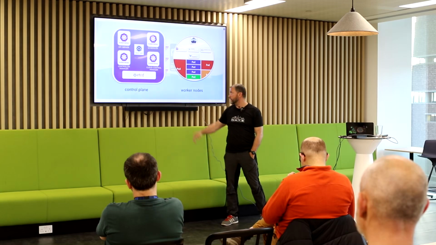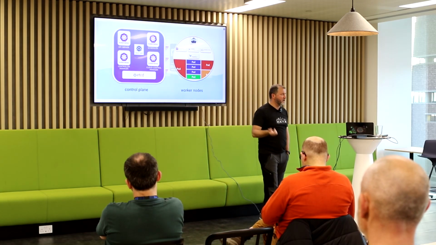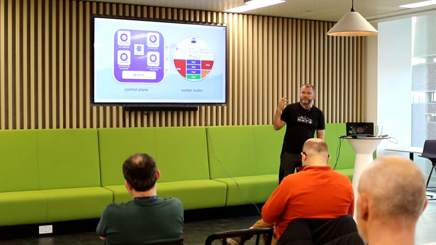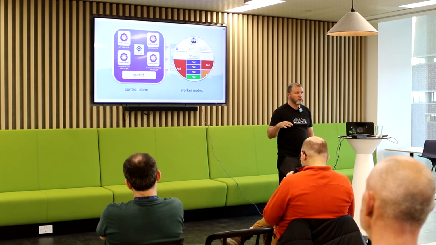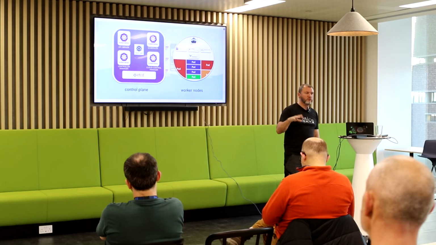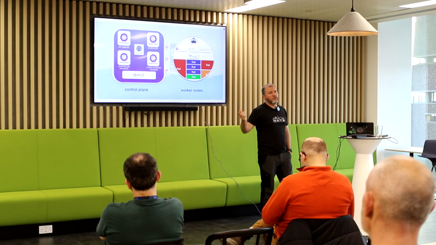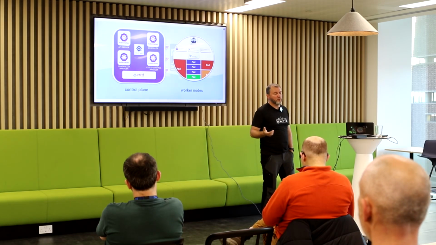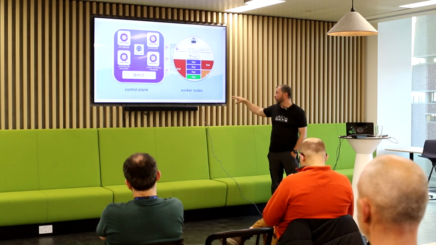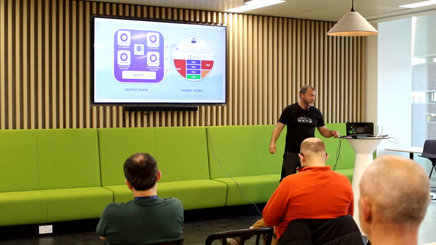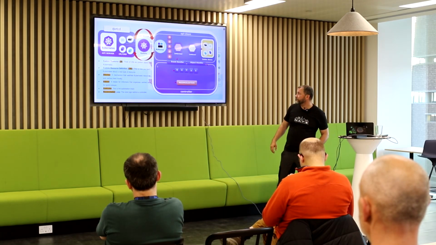And etcd, for sure, is a distributed key-value database based on the Raft protocol, where we store all manifests and all kinds of things related to Kubernetes. We won't touch the worker nodes because we are more on this side.